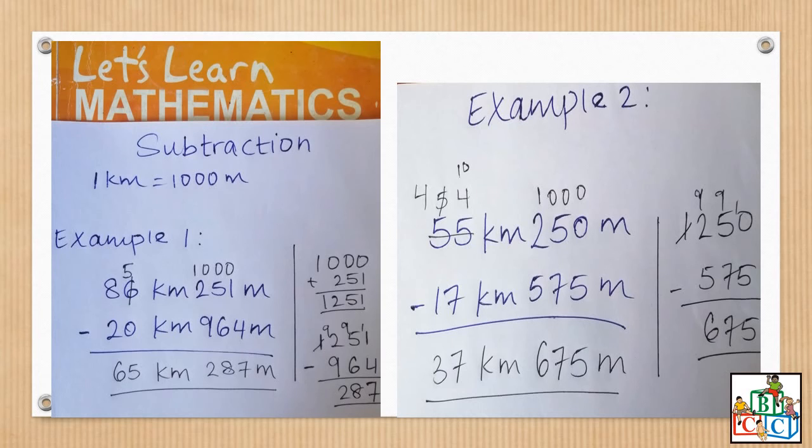You are going to borrow from kilometers. Then you will have 1000 meters plus 250, 1250. Then you will subtract 575. I hope you are going to get this answer.